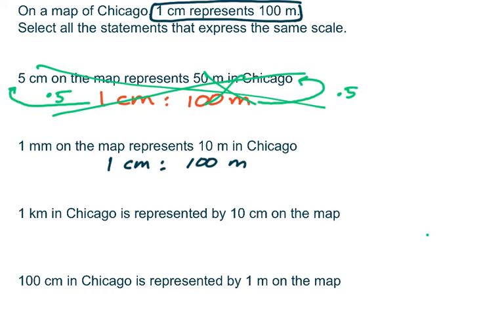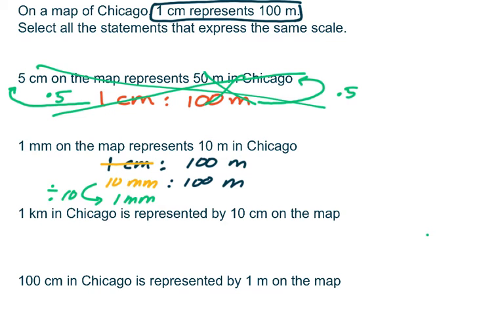The first thing I did was rewrite the 1 centimeter as 10 millimeters, and I kept the 100 meters. I did this because my next step from here was thinking, I'm trying to get to 1 millimeter, and I can do that by dividing by 10.